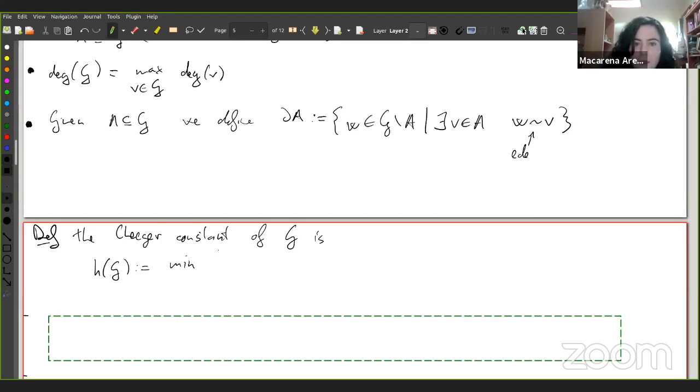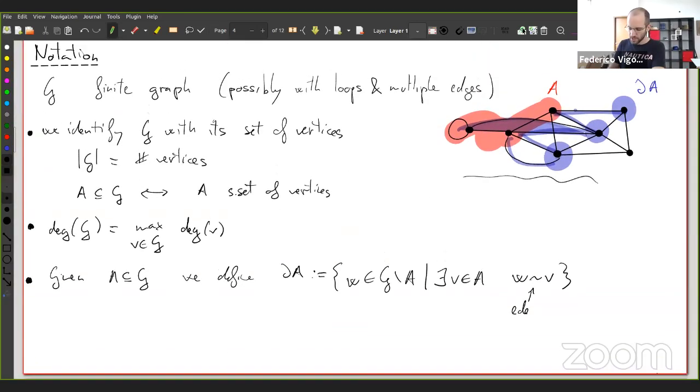Federico, there's a question in the chat. The question is whether the boundary is the graph with the edges? Yeah, it's a valid question. For us, the boundary would be the vertices.